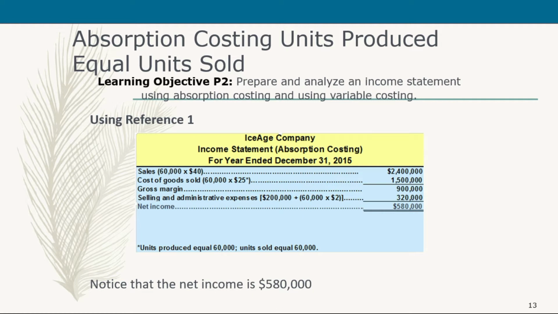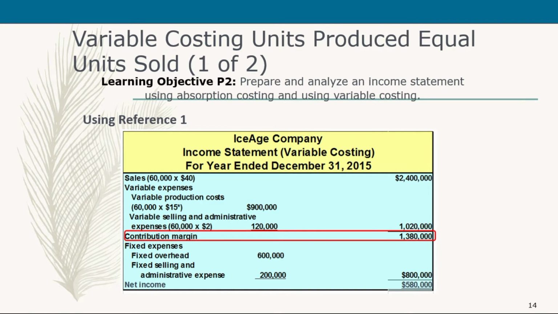That gives us a total selling and administrative expense of $320,000. So when we deduct it from your gross margin, it will give us a net income of $580,000.